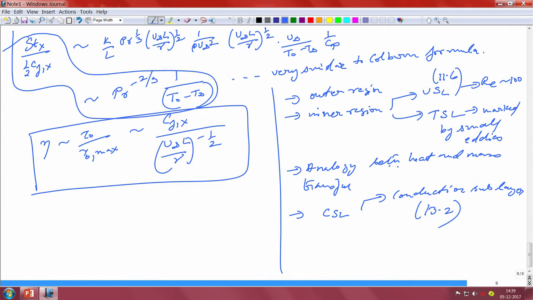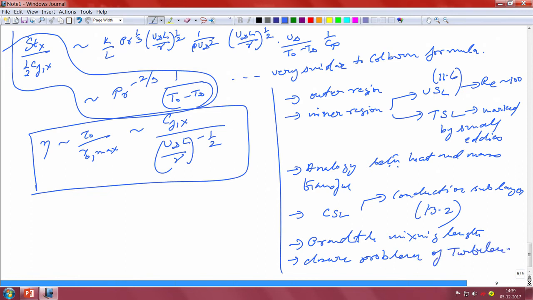In addition, we have learned something about Prandtl mixing length, the closure problem of turbulence, and where it originates.